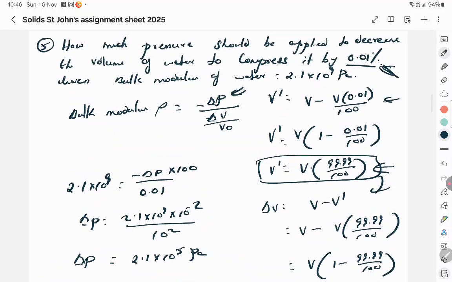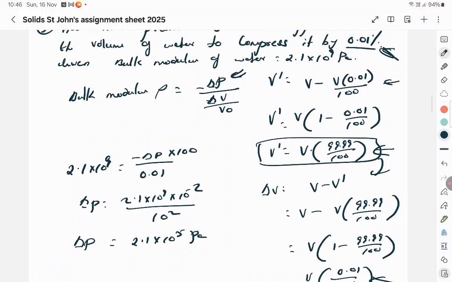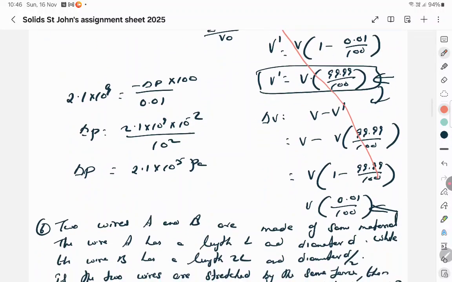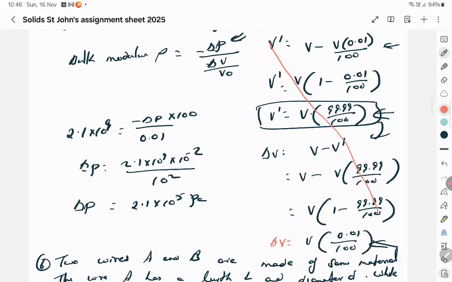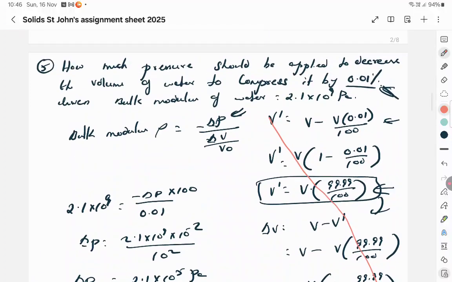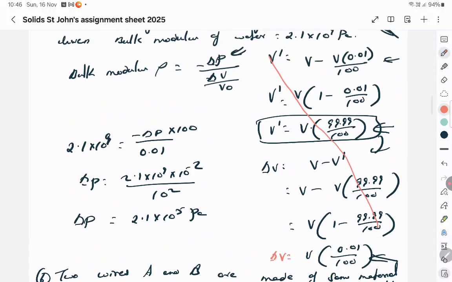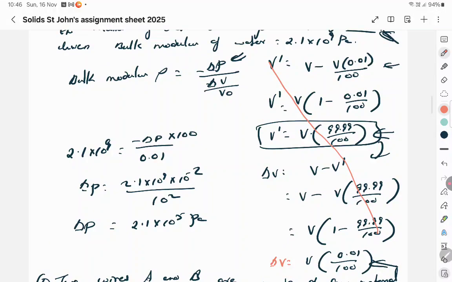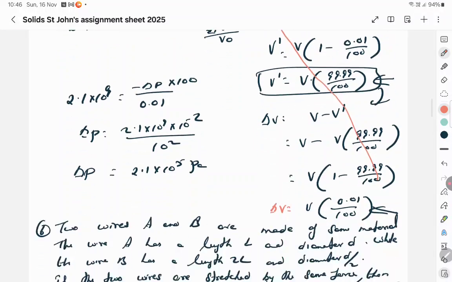So I don't have to do so much. This is not required. What has been given itself is delta V. If you understand that, 0.01 by 100 into V is the change in the volume. So now, by original volume, V and V will get cancelled. So you can plug that value in here, and hence find delta P, cross multiply and find delta P. Bulk modulus has been given.